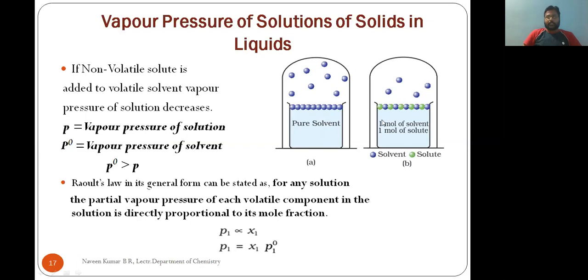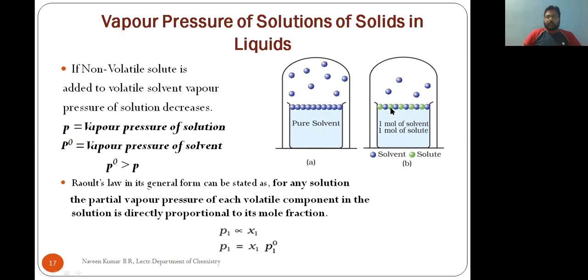Now to the same, we'll take another condition. Assume 1 mole of the solvent is present in the beaker. Now to that you add 1 mole of solute. So this green color one specified here explains the solute.